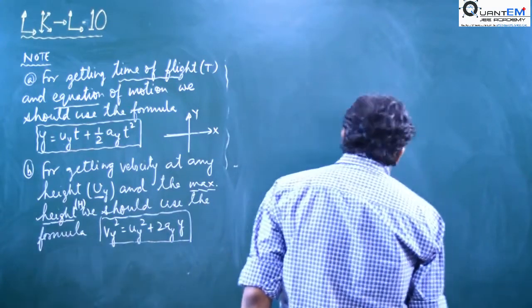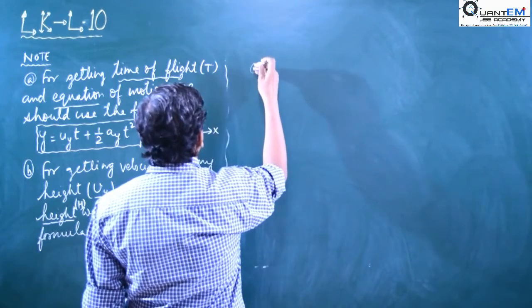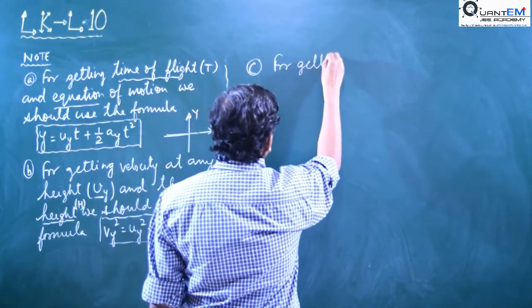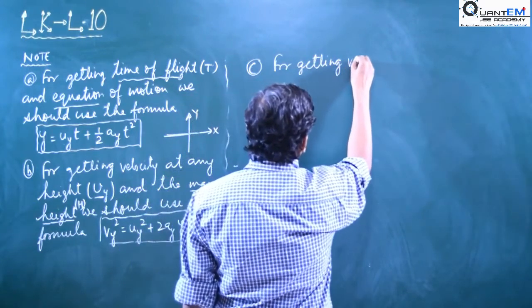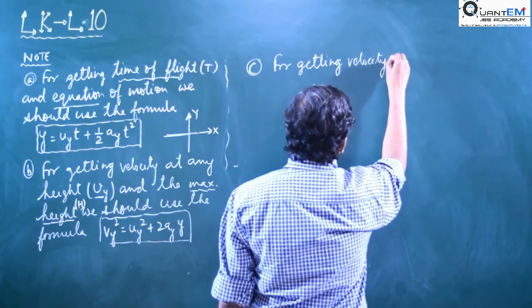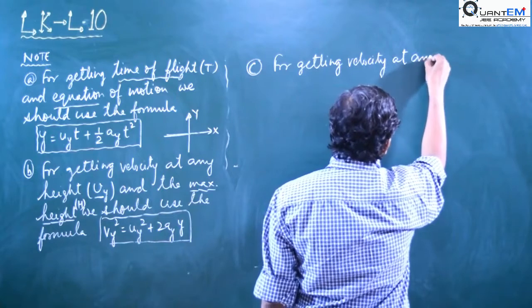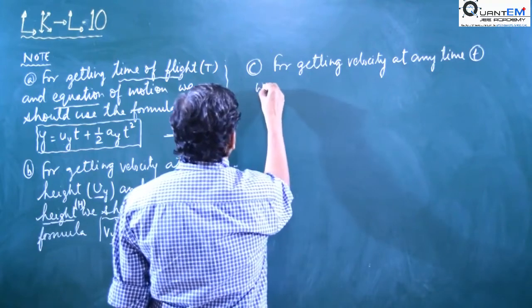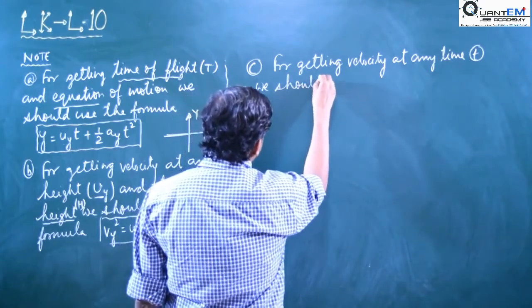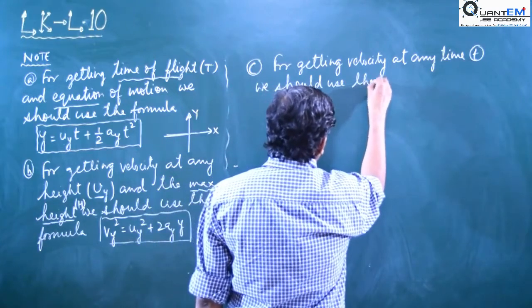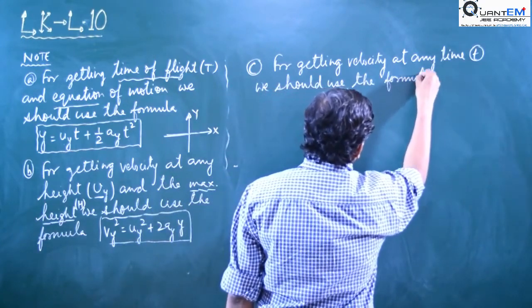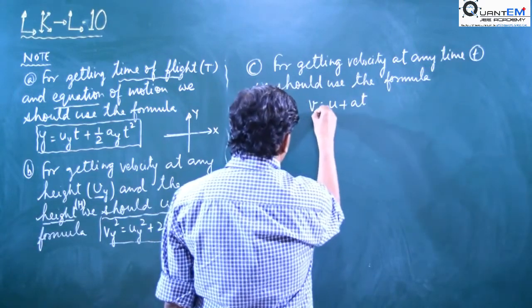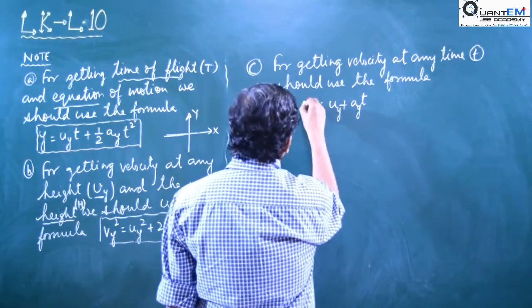Next point, for getting the velocity at any time t, we should use the formula v equals u plus at, that is vy equals uy plus ay t.